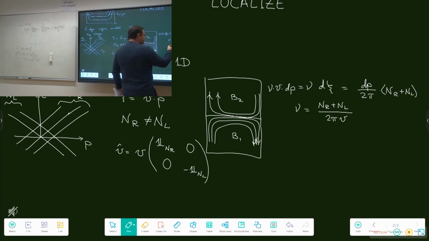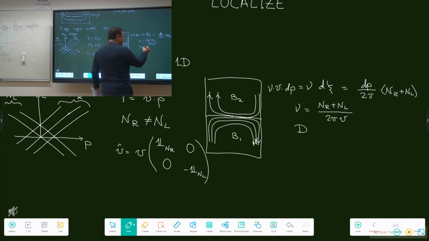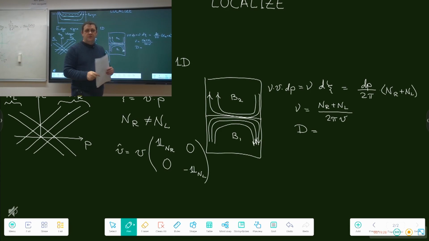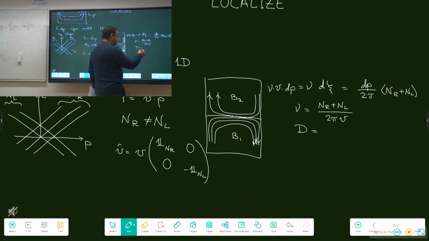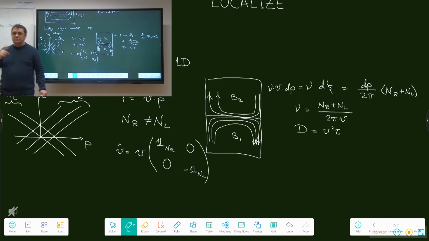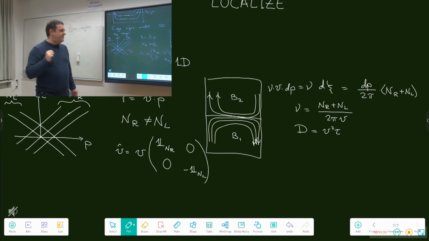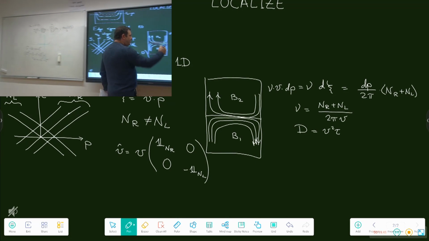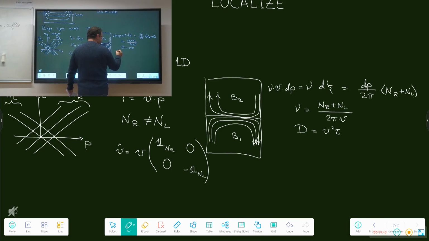Another question, what is the diffusion constant? Diffusion constant, we all know it's v squared times tau divided by d, but this is one-dimensional, so divided by 1. And since we know these two things, we know what sigma is. Sigma is e squared nu d.